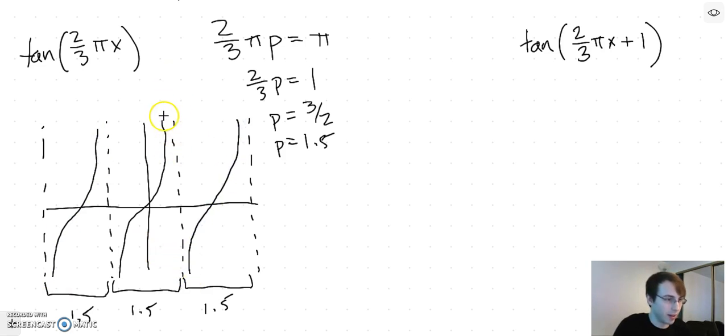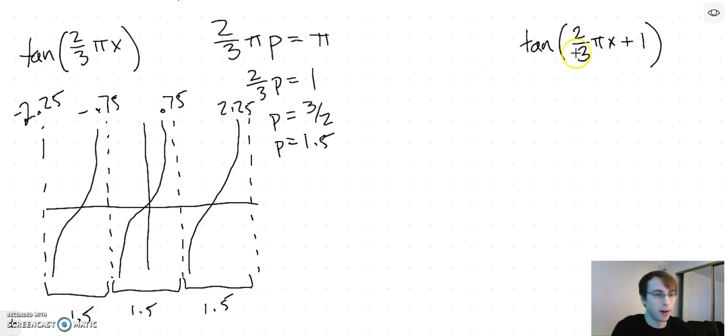Now the asymptotes are at 0.75, negative 0.75, and negative 2.25, and the other would be 2.25. Now, when we plug in 0, we're originally right here, but now when we plug in 0, we would be at 1.